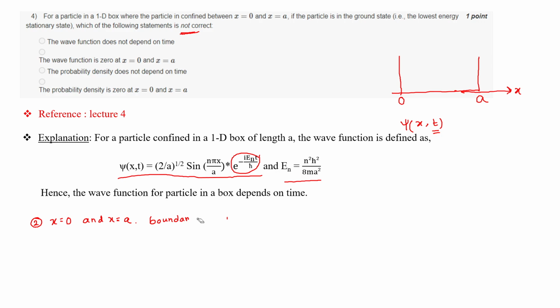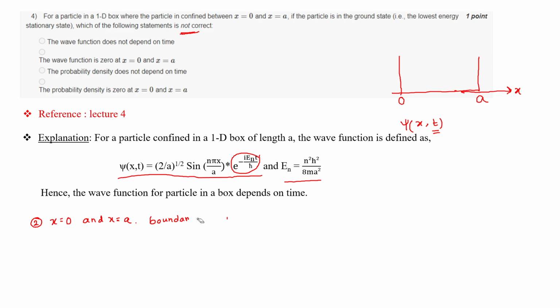Here I am writing just psi to clarify it easily, but you can see when the particle in a box in 1D box was solved, this time part was multiplied later. But for probability density calculation, I am showing this one, psi star x comma t into psi x comma t.